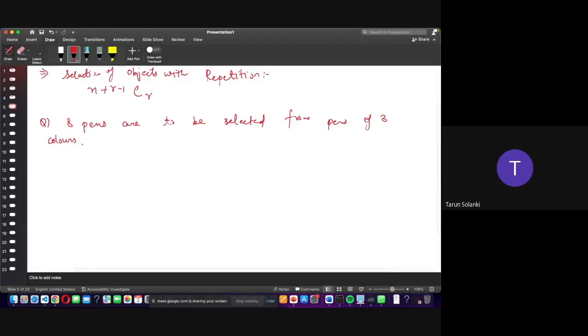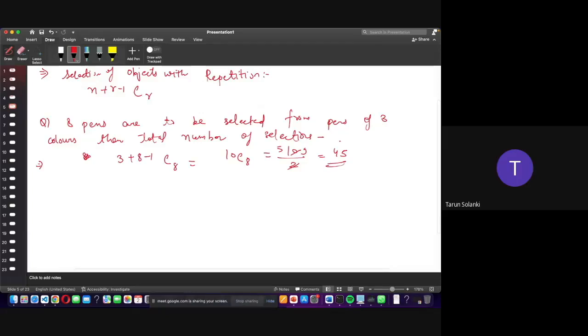Then the total number of selections is 3 plus 8 minus 1 C8, that is 10C8. So we can write 10 into 9 over 2, that would be 5, and is equal to 45.